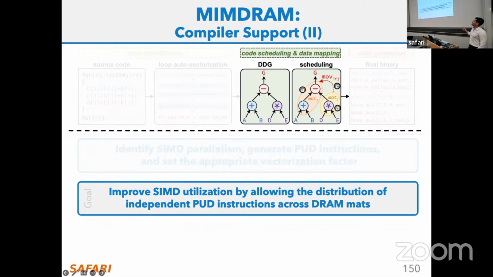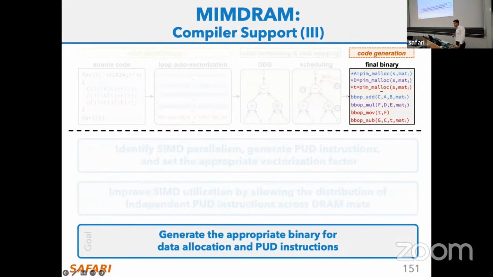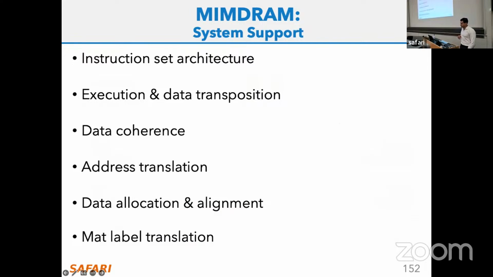And also I need to identify that since I execute this instruction in one mat, and this other one in the other one, and I have this one that depends on both of them, I need to move the data from this mat here to another mat. So we also include these data movement instructions that use those interconnects during the computation. And finally, the third pass is just generating the binary code and triggering those bbop instructions for the computation.